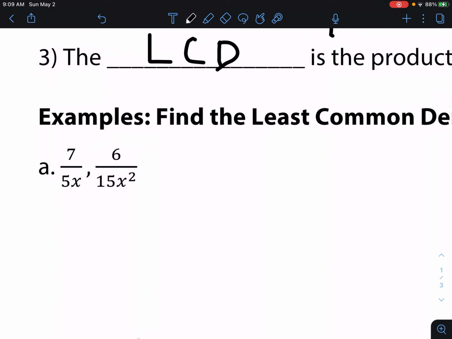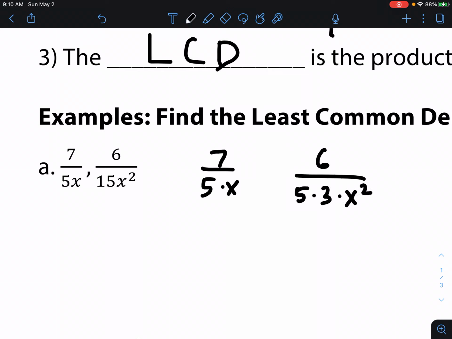So what I'm going to do is take these two fractions and factor them. The first one is already factored, so I just wrote it as 5 times x. And the second one we can write as 5 times 3 times x squared. And then what I'm going to do is take anything that's unique.